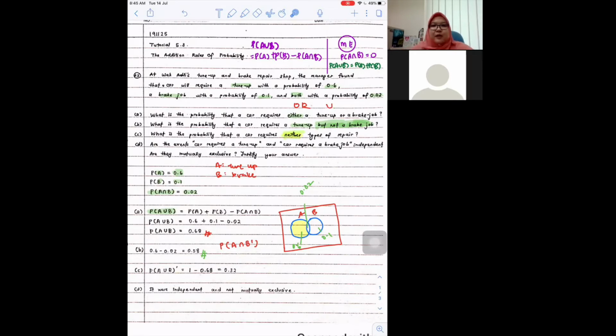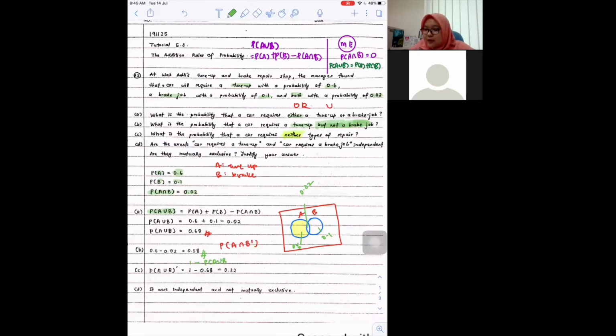We already have the answer for A union B just now, 0.68. So just take 1 minus probability of A union B. Okay, so the answer is 0.32.